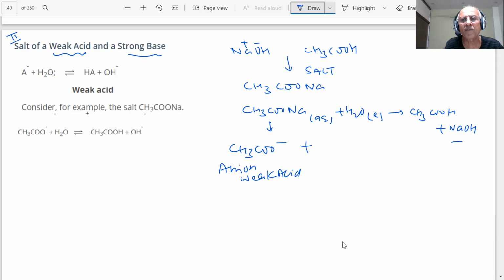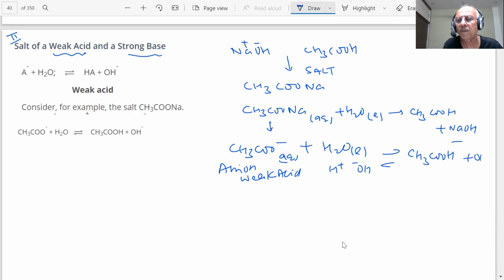This is reacting with water. I'm looking at the water like this. What is the result of this? CH3COOH. What happens then? CH3COOH plus, what is left?